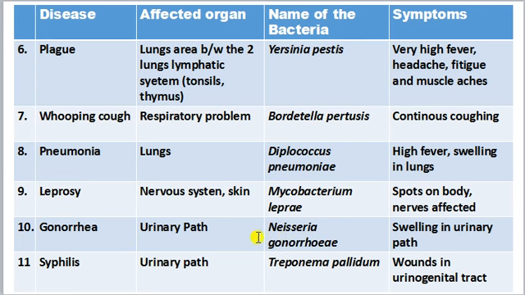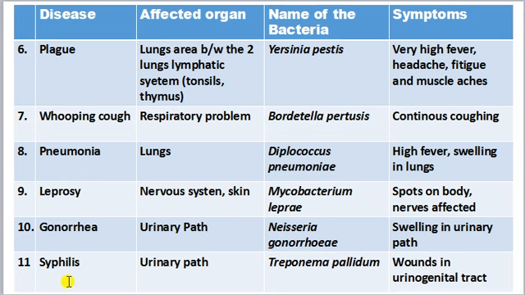So it can cause infertility in human beings. The infection is transmitted through sexual contact with an infected person having Neisseria gonorrhoeae bacteria in their penis, vagina, anus or mouth. So the main cause of this infection is sexual contact with an infected person.